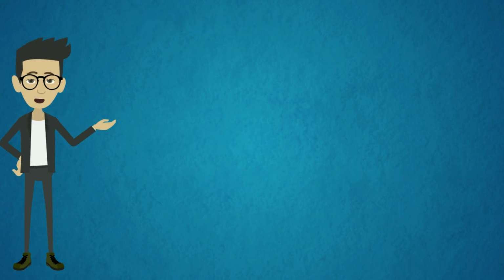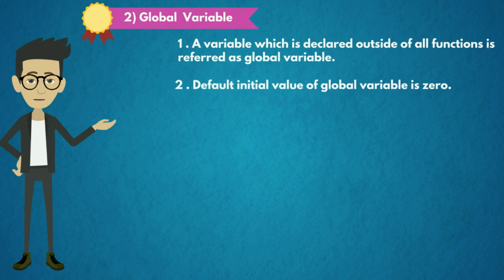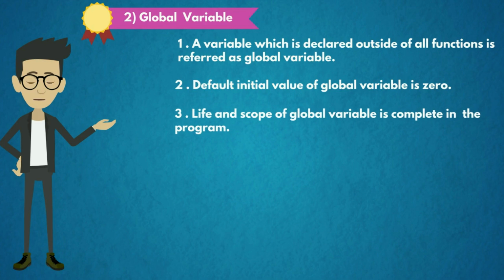The second type of variable is a global variable. A variable which is declared outside of all functions is referred to as a global variable. The default initial value of a global variable is 0. The life and scope of a global variable is the complete program. The global variable can be accessed anywhere in the program.